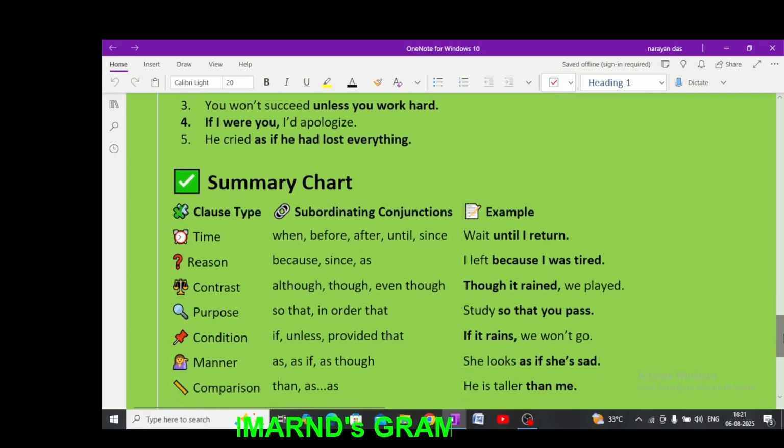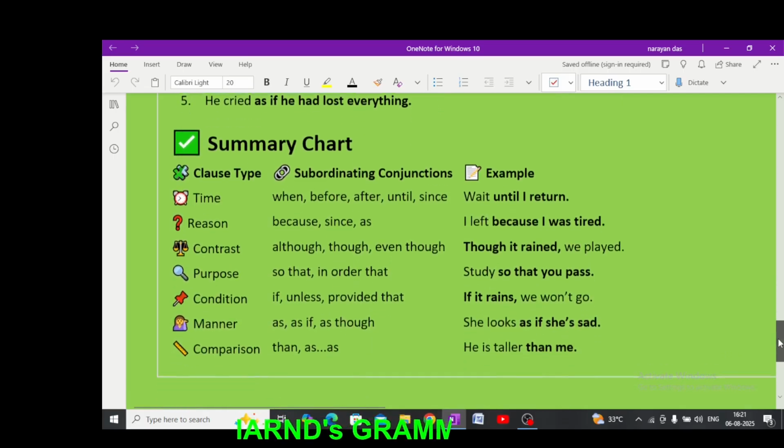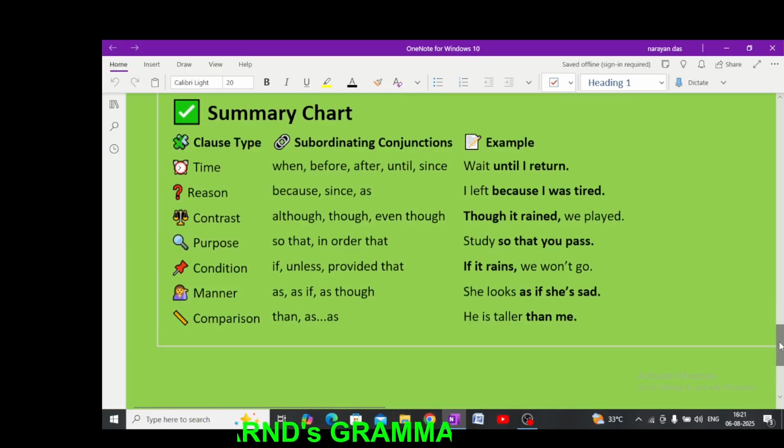Now, a quick summary chart. This is very helpful. Clause type, time clause, subordinating conjunctions, and examples. Reason, subordinating conjunctions, examples. Contrast, that is the adverbial clause of contrast, subordinating conjunctions, and sentences.